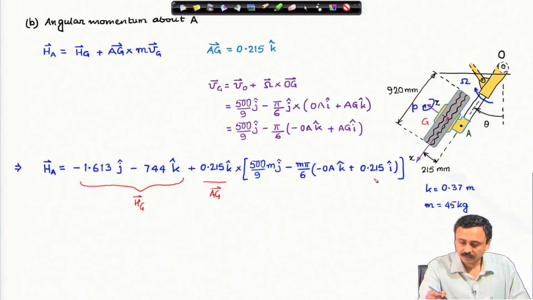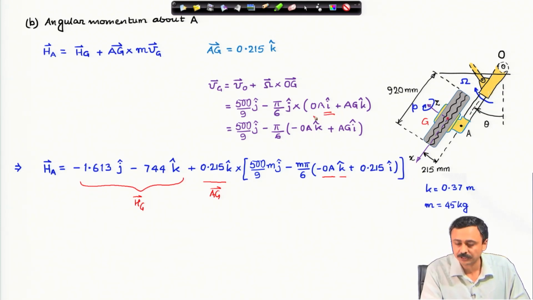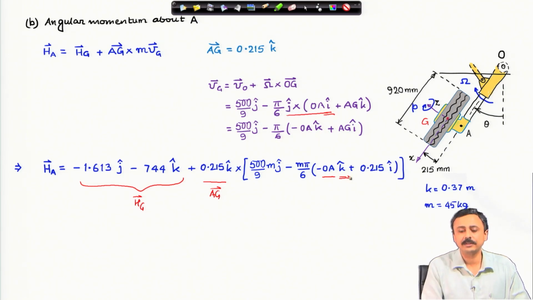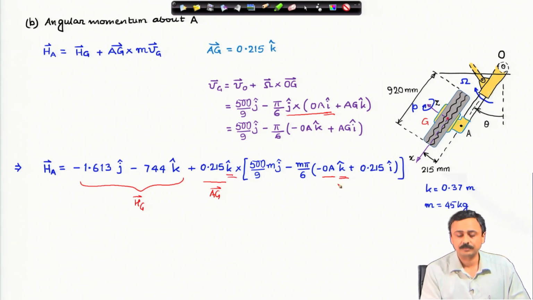And if you notice, O A, which is an unspecified dimension, was in the i cap direction, of course, and after I have taken the cross product with j cap, now it has the direction k cap. A G is already in the k cap direction. Therefore, this term will not contribute, because k cap cross k cap will go to 0.